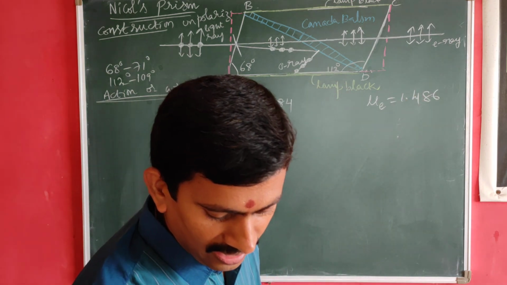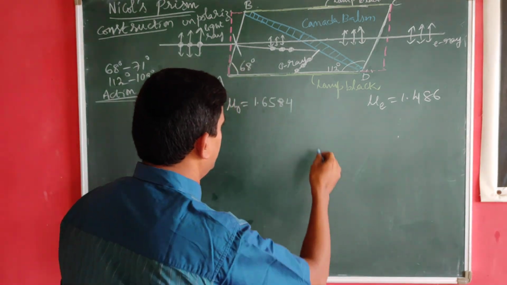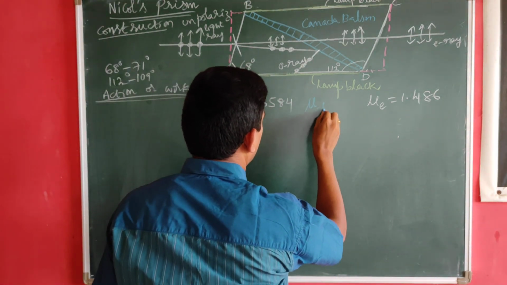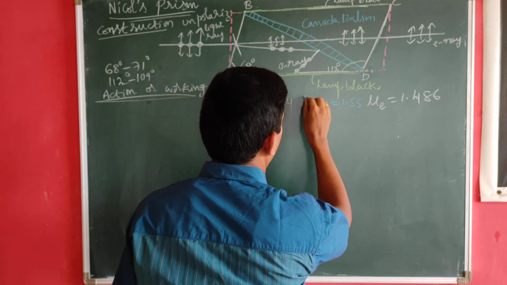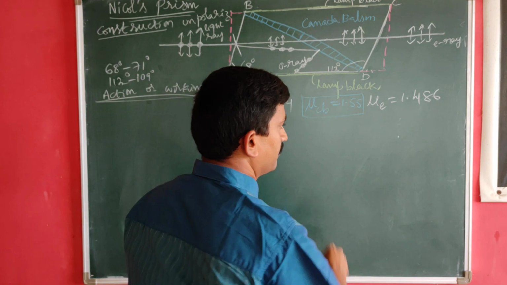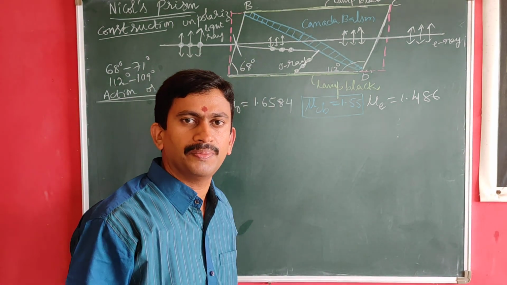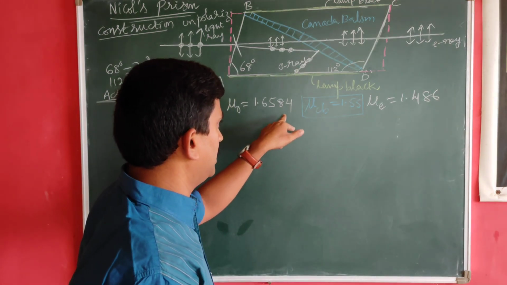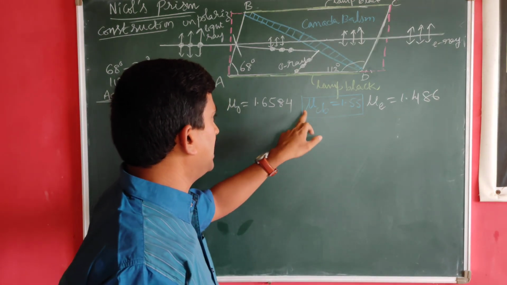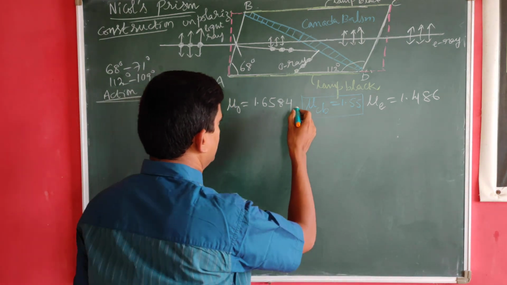But the refractive index of the Canada balsam layer is very important. It is 1.55. That means the refractive index of the Canada balsam layer is less than that of the ordinary ray and greater than that of the extraordinary ray.